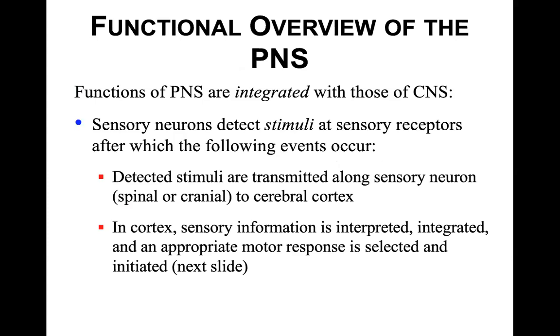Sensory neurons detect stimuli at sensory receptors, after which the following events occur. Detected stimuli are transmitted along sensory neurons, spinal or cranial, to the cerebral cortex. In the cortex, sensory information is interpreted, integrated, and an appropriate motor response is selected and initiated.